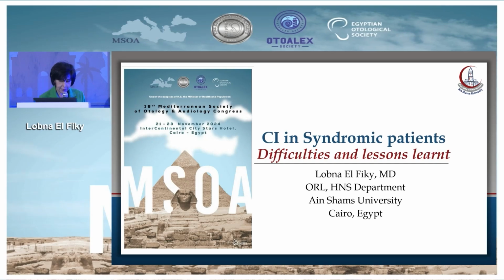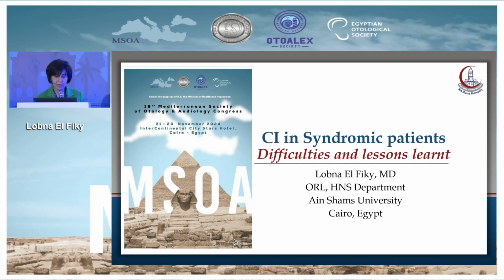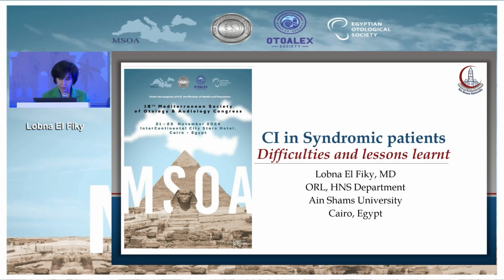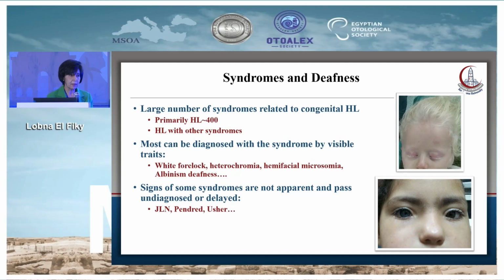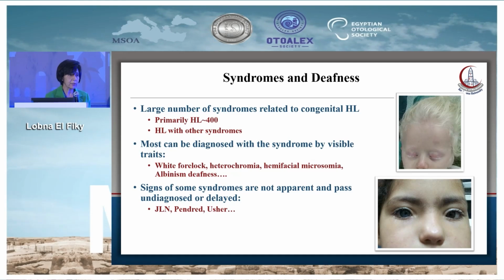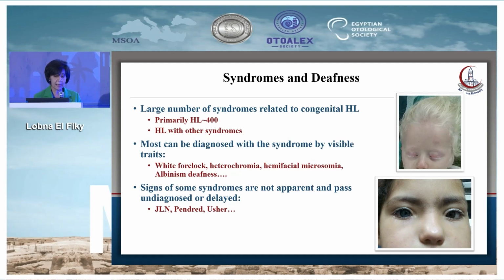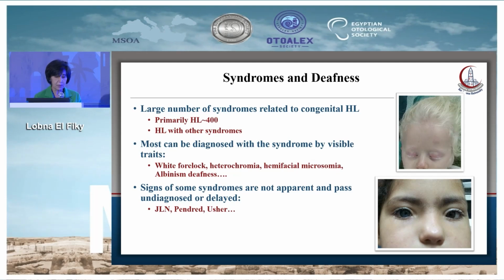Thank you, Dr. Nadia. My talk will be in continuation with the previous presentations, talking about the cochlear implant in syndromic children. We all know that we have a large number of syndromes with hearing impairment, either primary hearing impairment due to the syndrome itself, or sometimes accompanied by secondary signs, as in albinism.